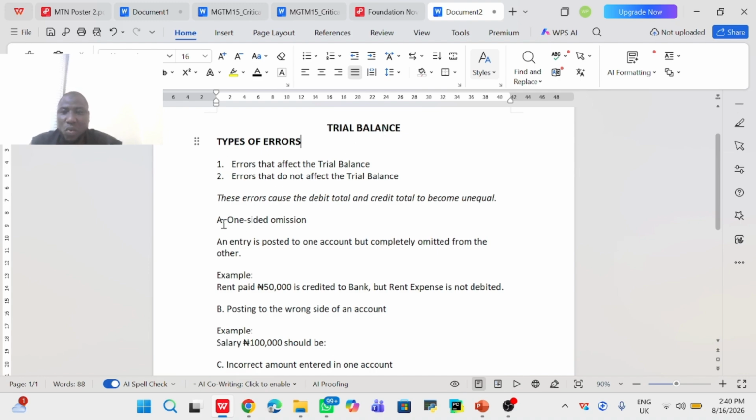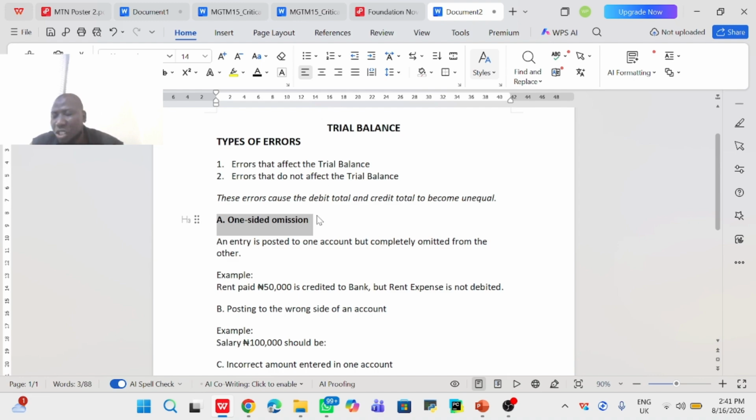Number one, we have one-sided omission. One-sided omission means that you record one transaction and you forget to record the corresponding entry. For example, ABC purchases furniture at 50,000 naira.